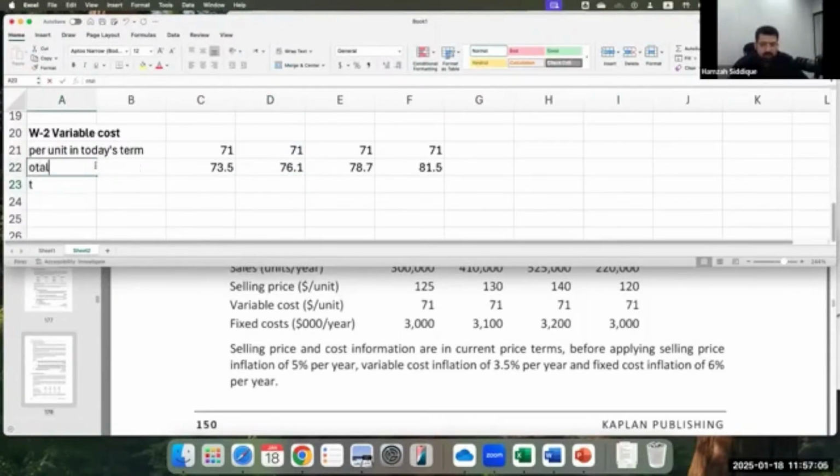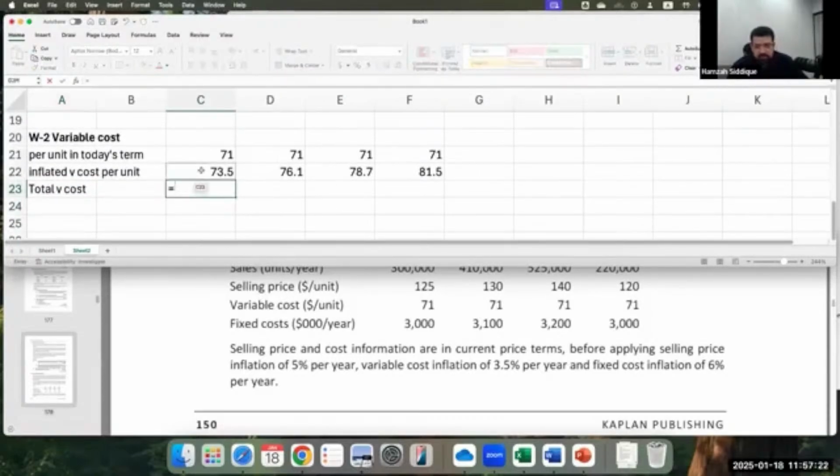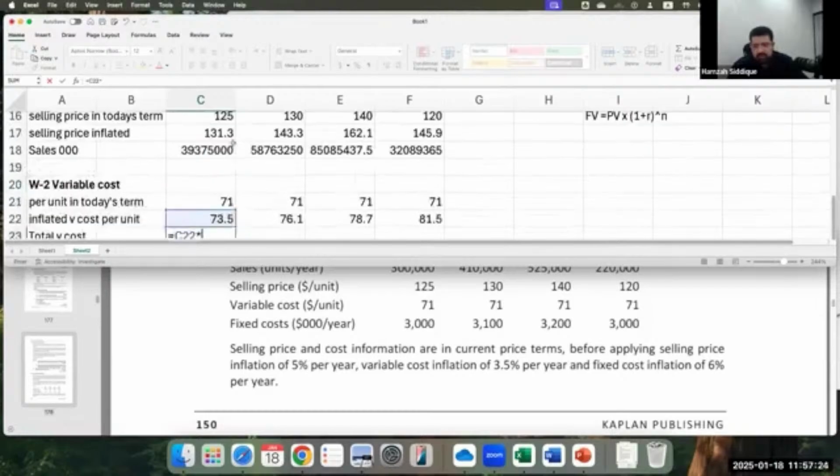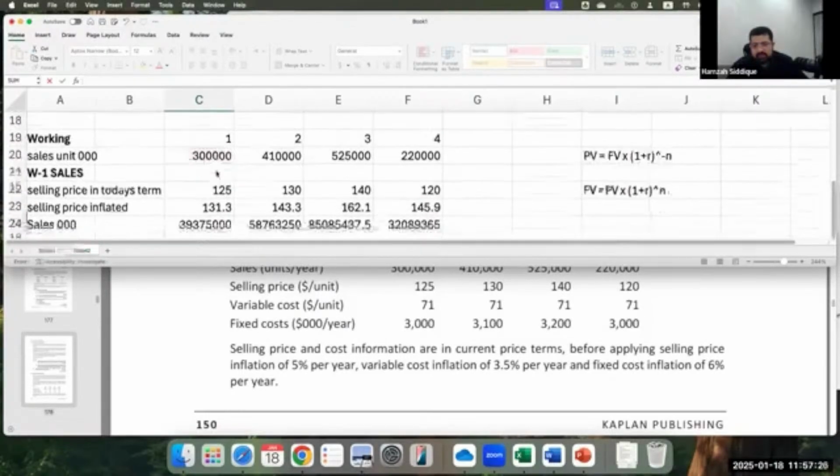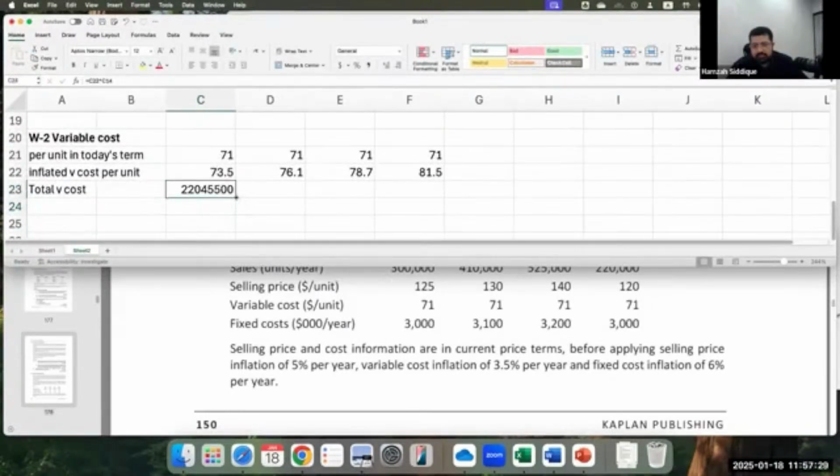So total variable cost is equal to this into the units, linking the cell. Here we are.